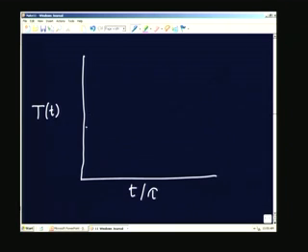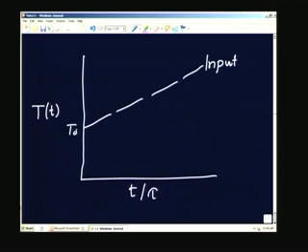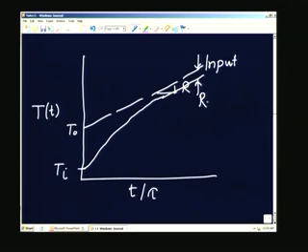So, the input is like this, this is your input, this value is T naught, and the slope of this line is R. Suppose the initial temperature of the sensor is here, it will first try to catch up with this. So, it will vary like this and become parallel to this. This will be equal to R tau. If it is starting with a value higher, it will first decrease and go below this and then go here.